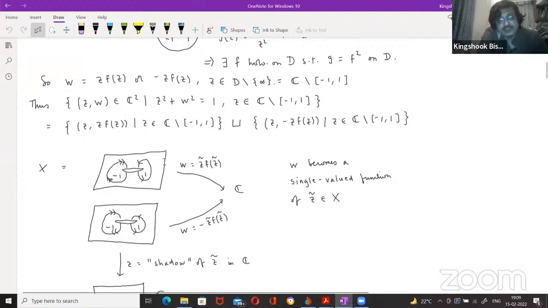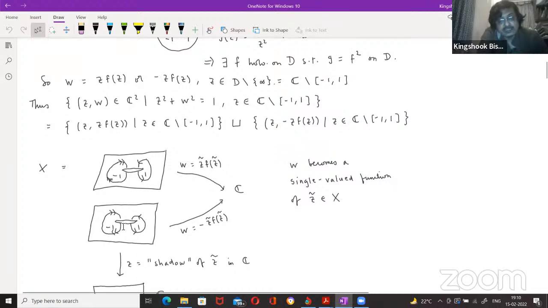We have W as the square root of 1 minus z squared, well defined here in this sheet and in this sheet. And it turns out that if you approach this interval from -1 to 1 from the top in the first sheet, then W converges to a limit, which is the same as if you approach this interval from the bottom in the bottom sheet.